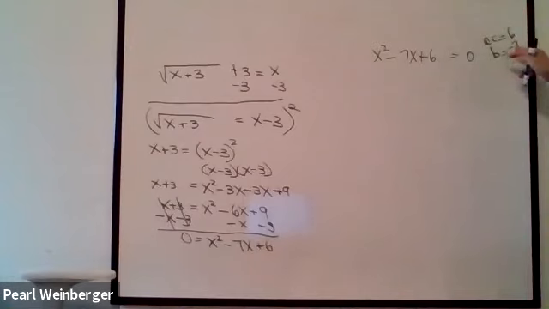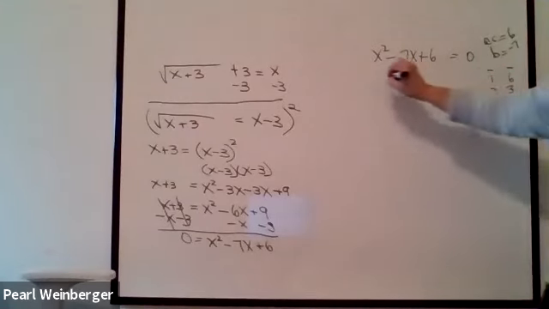And obviously, since it has to combine to a negative number, both of them have to be negative because my product is positive. And what multiplies to 6 is either 1 and 6 or 2 and 3. And obviously, to combine to negative 7, we're going to use the negative 1 and the negative 6.